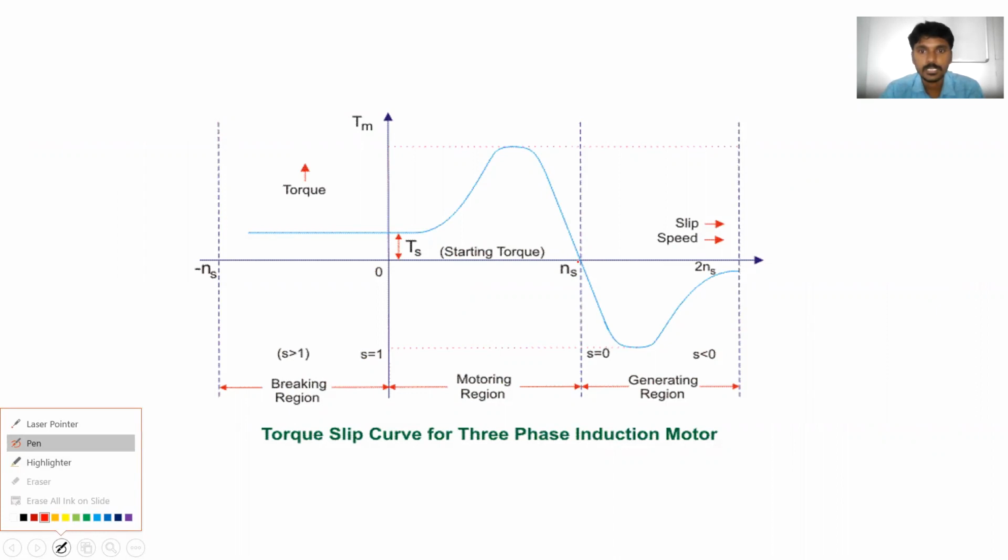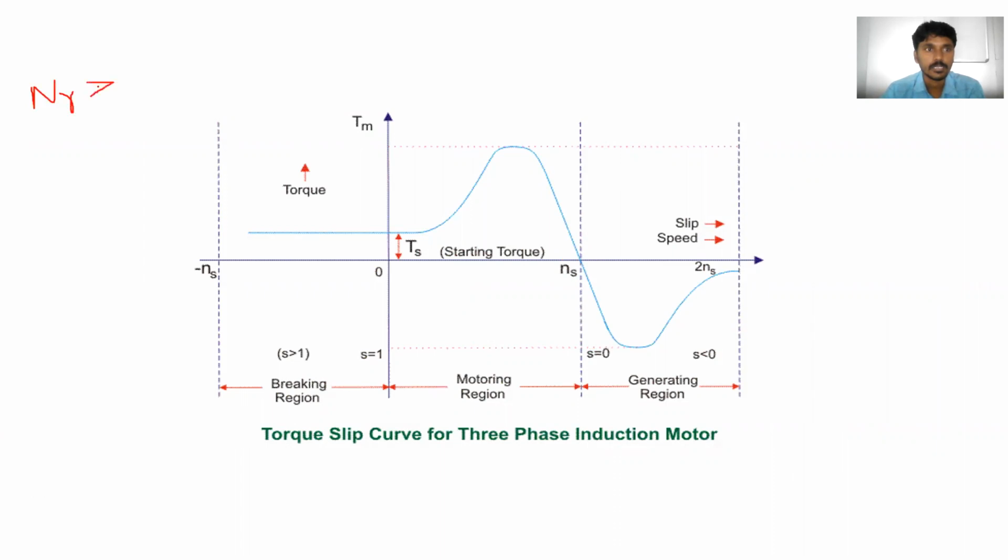If the motor speed is greater than the synchronous speed, NR greater than NS, what will happen? For example, S is equal to 1500 minus 2000, where the motor speed is greater than the synchronous speed, divided by 2000.